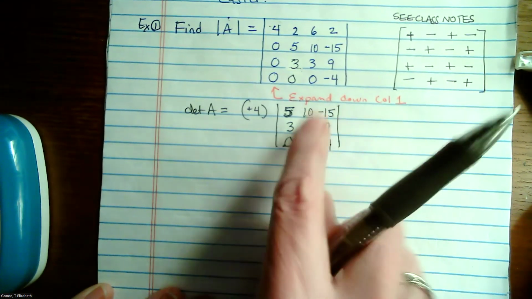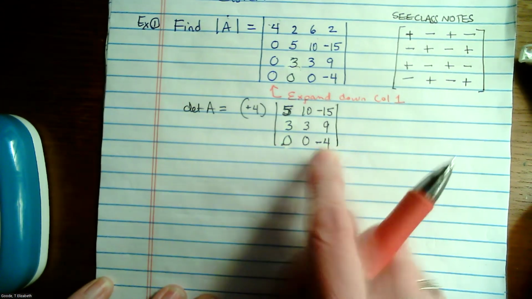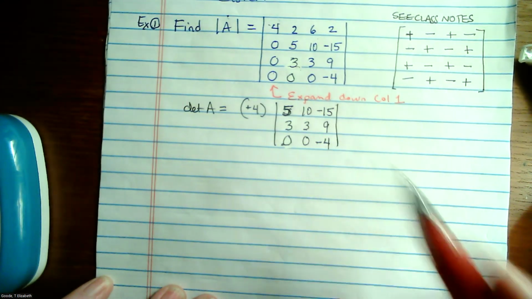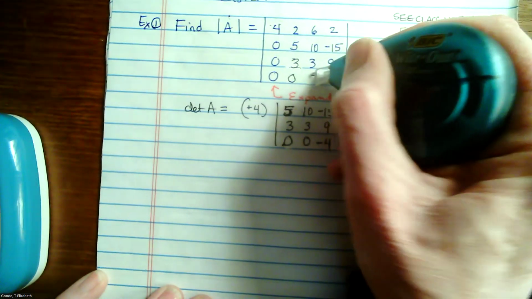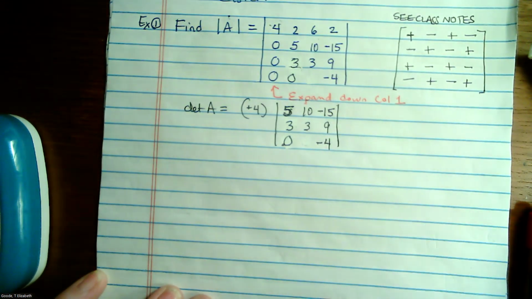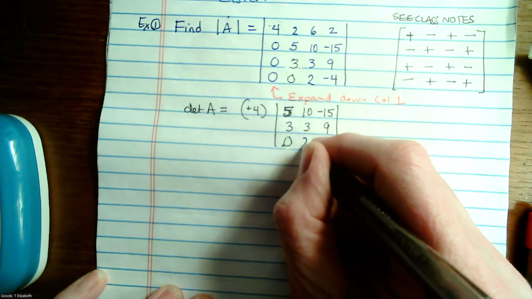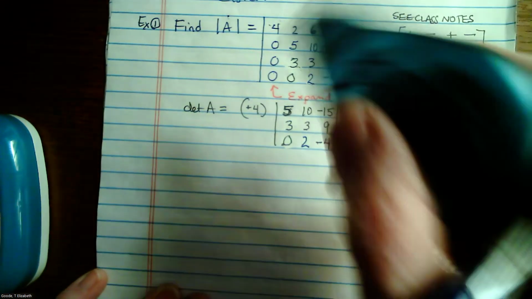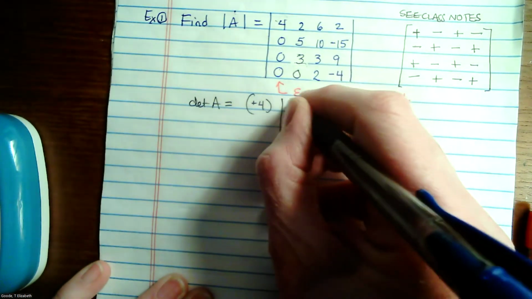Okay, so now we're going to use cofactor. Oh, but that makes us want to use cofactor plus minus plus minus plus. Ooh, it makes us want to use cofactor expansion down there. So I'm going to do this. I'm going to actually make it not any better. All right. So we can either do cofactor expansion down column one, or we could do cofactor expansion across row three.